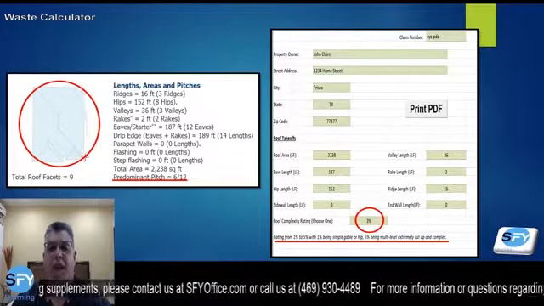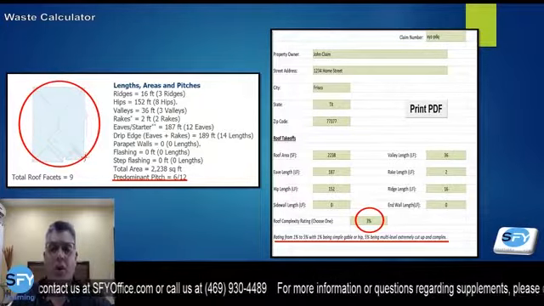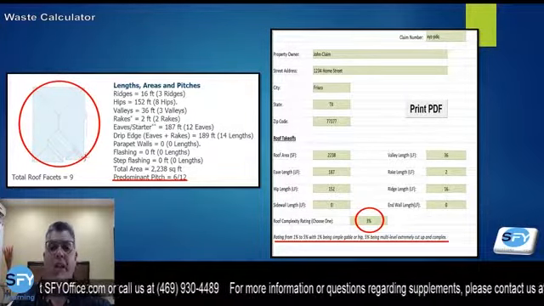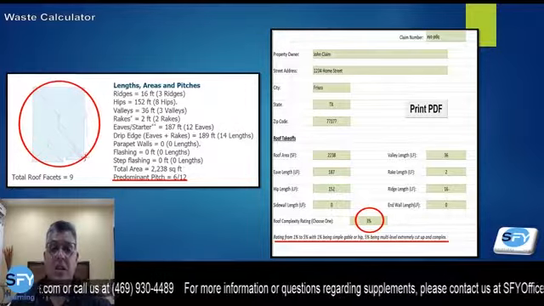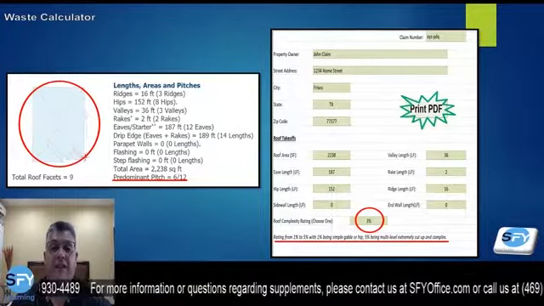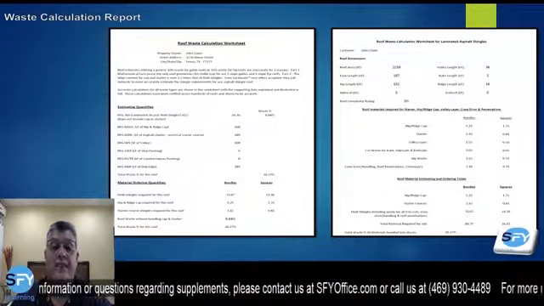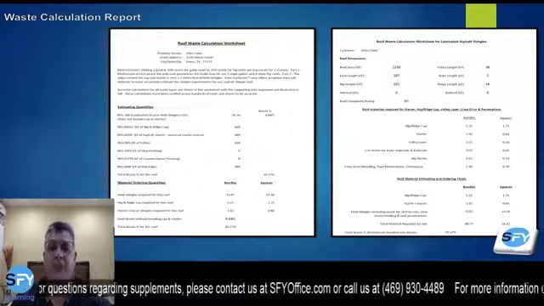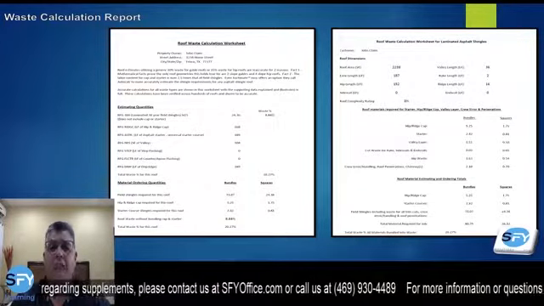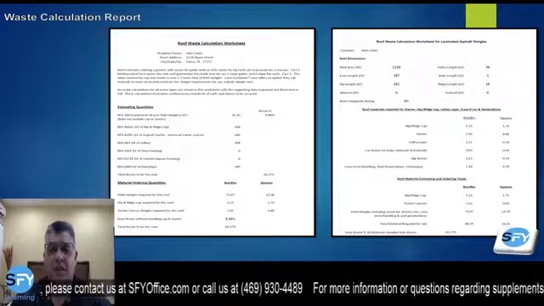So once we have populated our report with all of the homeowner information and all of the dimensions, we can then click the print PDF, which will give us the tool that we will reference and even provide at times to the insurance carrier as support for what it is that we have supplemented for.